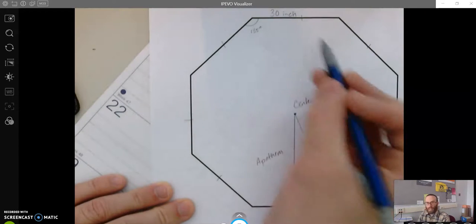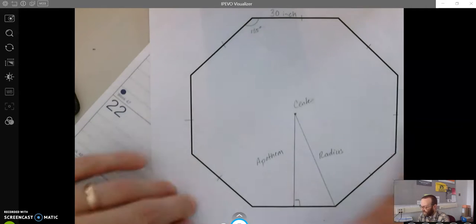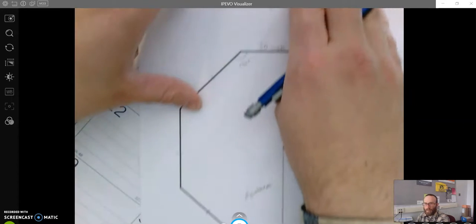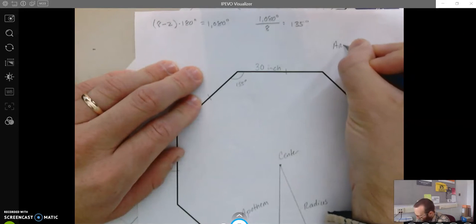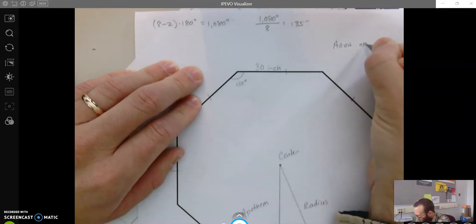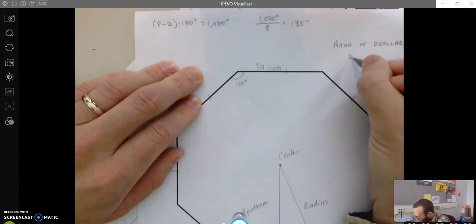Now, I'm going to do some work up here in the octagon, just so I have some space. But right up above, I'm going to write the formula. Area of a regular polygon.